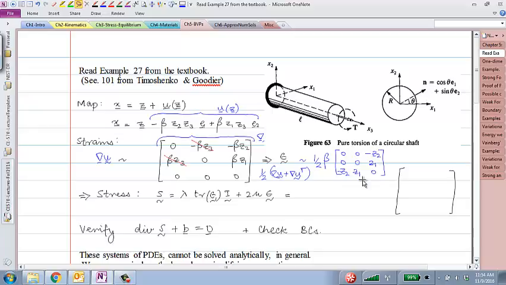Now, if I take that strain field, use my Hooke's model to come up with the components of the stress. By the way, this should not be equal to; it should be represented by this.